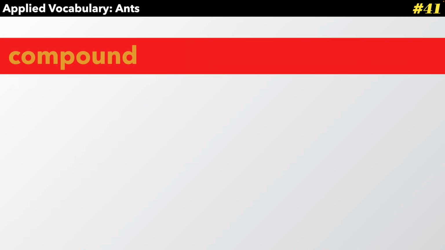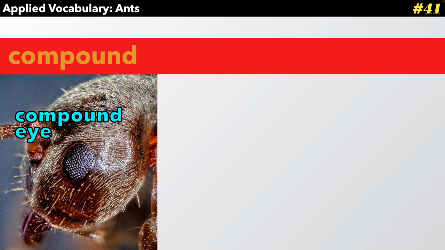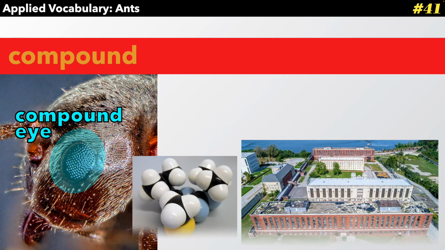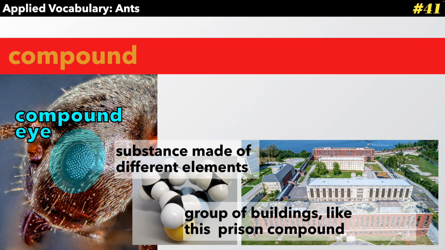Finally, compound, which might be the most useful word in this lesson. Ants have a compound eye, many little lenses focusing together. A group of buildings like this can be called a prison compound, a group of things together, kind of like the group in the ant's eye.